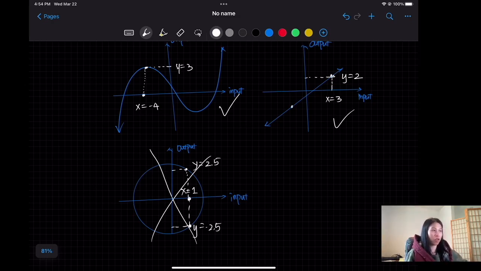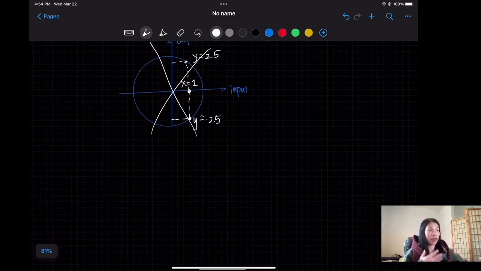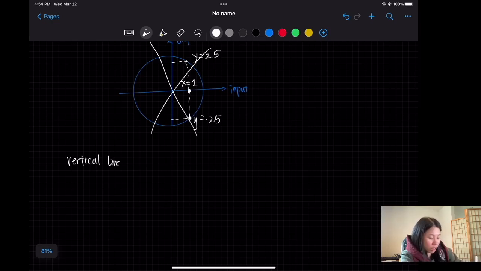Okay, so now here is the test. How do we determine which one is a function and which one is not? The first thing we're going to learn today is the vertical line test. A vertical line test is a handy way to think about whether the graph defines a vertical output as a function of the horizontal input. Imagine that you are drawing a vertical line through the graph.